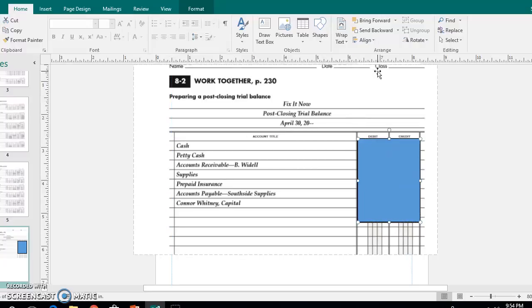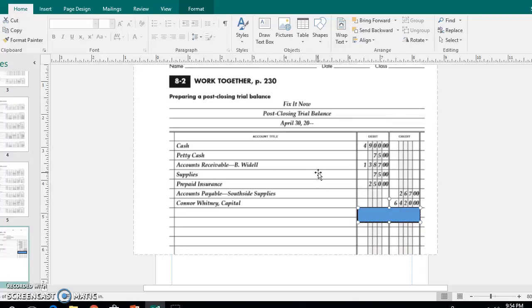Make yourself a note: accounts that only have balances. Make a note up here or something. You're going to write in each account that has a balance, and you're going to write if it's a debit or a credit. If you need to pause this at any time, please do so.